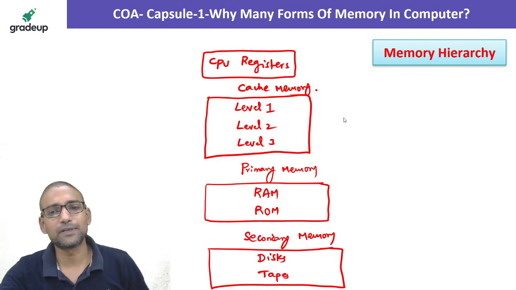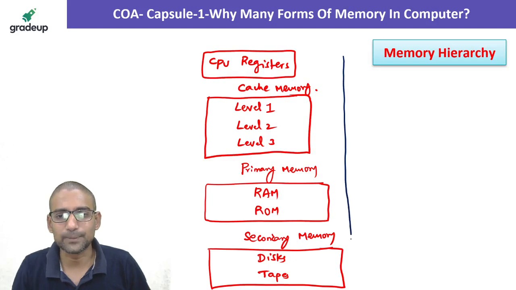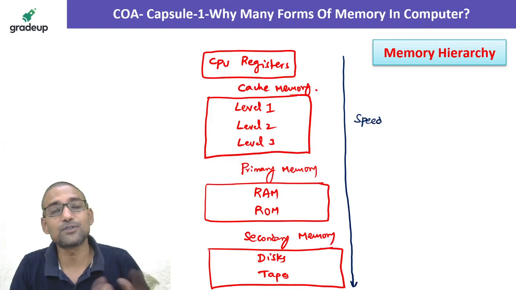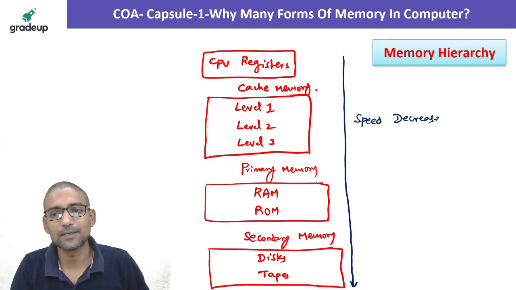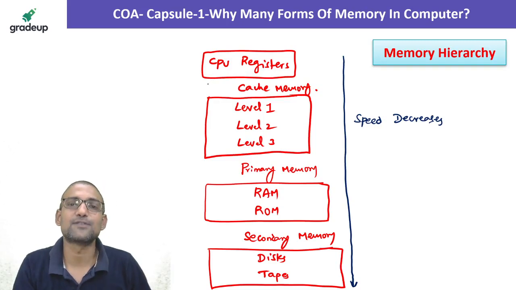So these are different forms of memory we have just seen. Now in this hierarchy, when you go from top to bottom, speed increases or decreases? Decreases. That means registers are fastest, secondary memory is slowest.